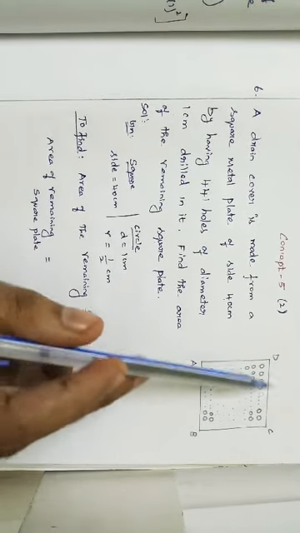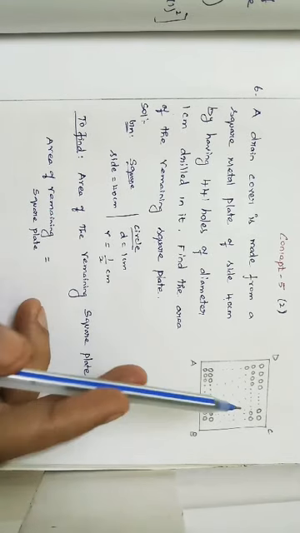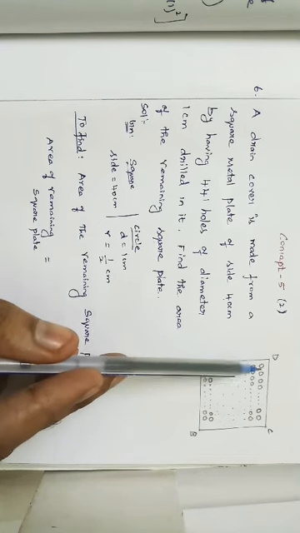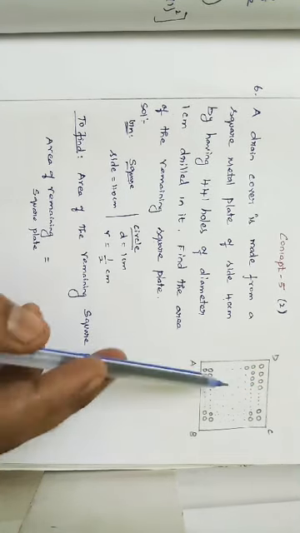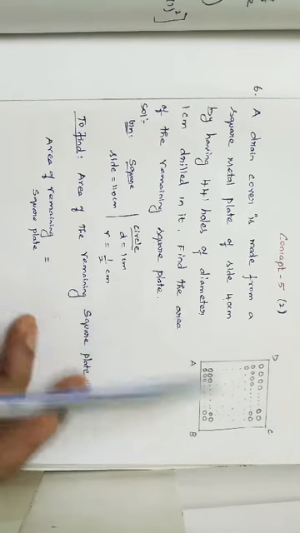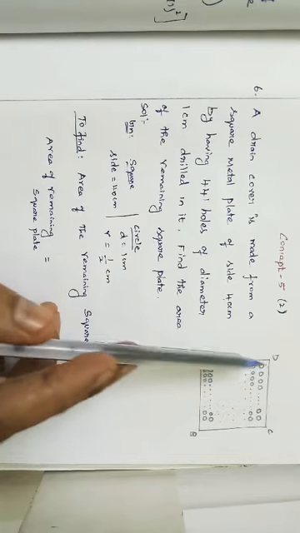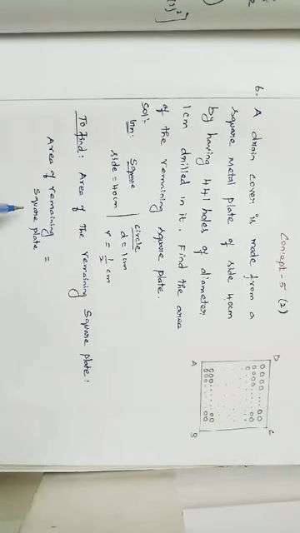So area of the remaining square plate is equal to area of a square minus 441 into area of a circle. That is the area of remaining. I'm just subtracting the area of 441 circles in a square, then that is the remaining area of the square plate.